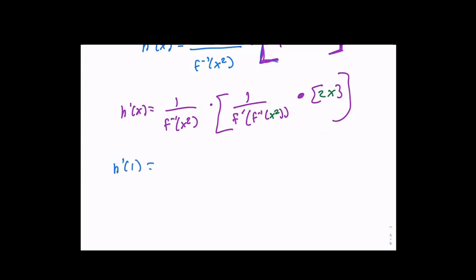So h prime of 2 would be 1 over inverse f of 4, times 2 times 2 over f prime of inverse f of 2 squared, which is just 4.